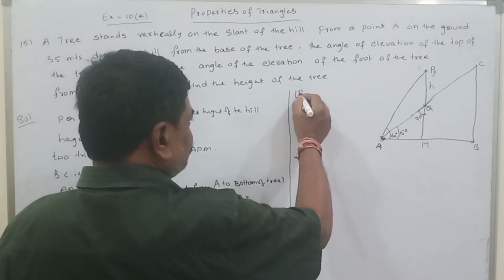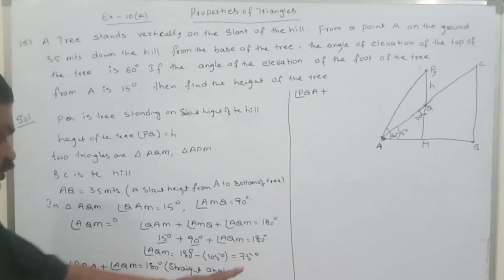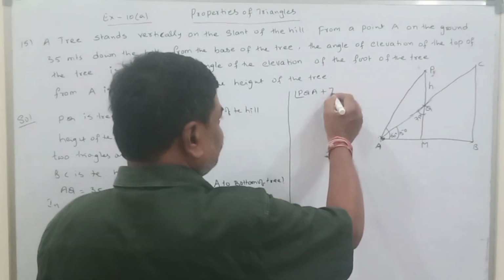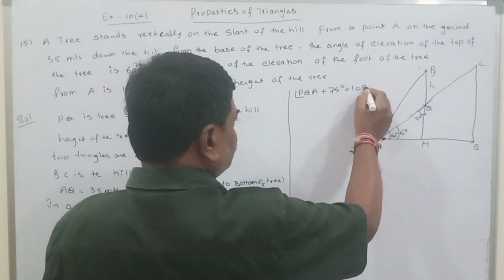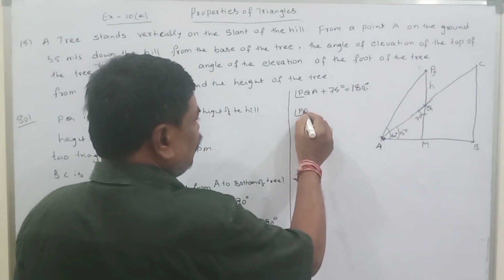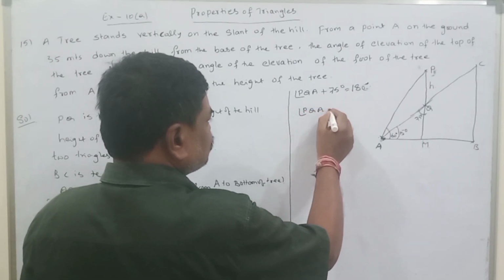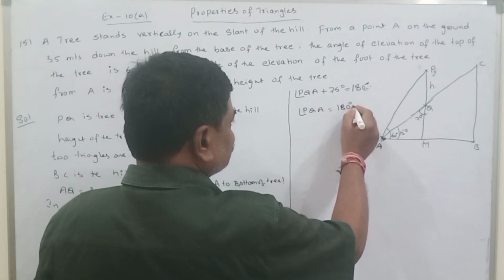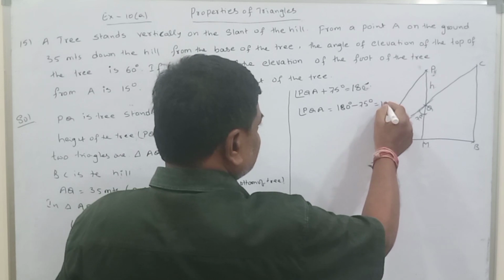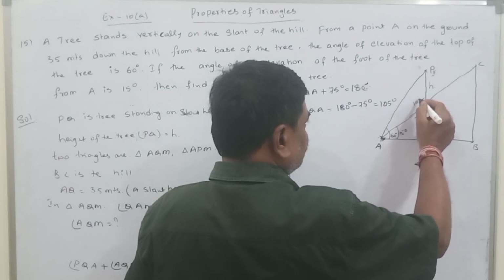So angle PQA plus angle AQM, where AQM is 75 degrees, we already got. Angle PQA is equal to 180 degrees minus 75 degrees is equal to 105 degrees. This angle is 105 degrees.